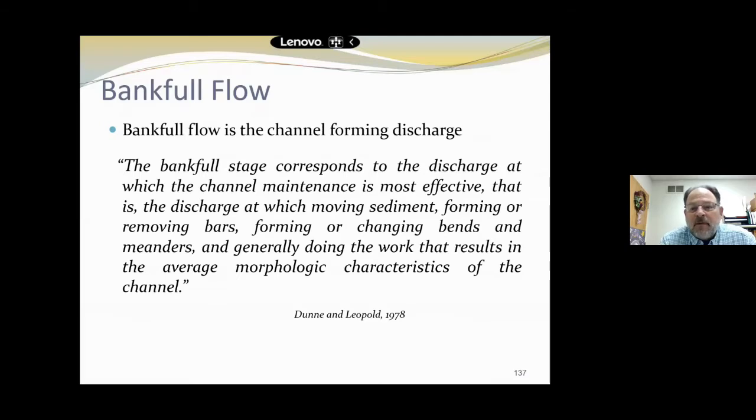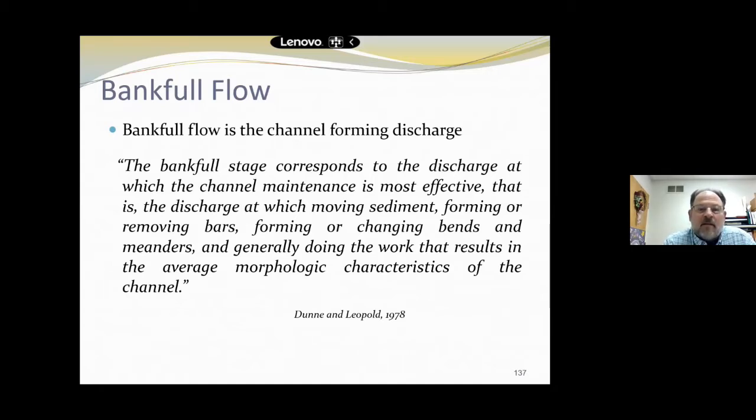So the first thing we need to know is bank full. Basically, our channel sizing that we do using this emergency stream intervention program is based on what we call bank full. So bank full is the channel forming discharge.